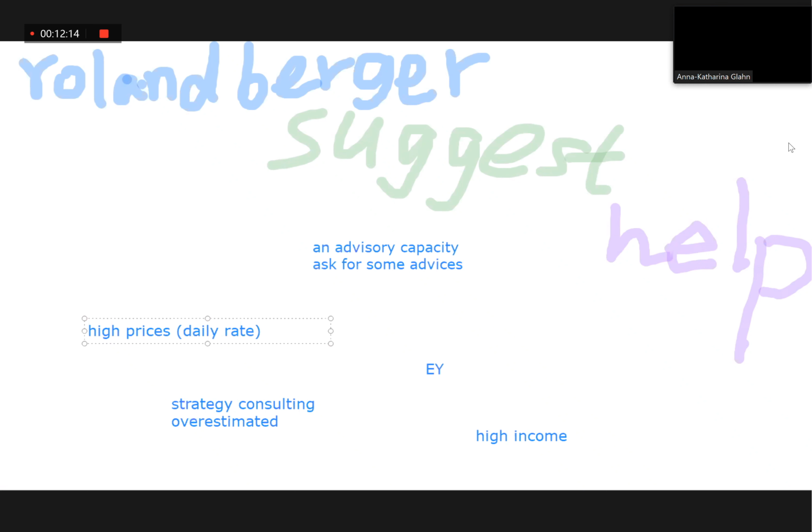And you named some consulting companies like Roland Berger and Ernst & Young, and we have the idea that consultants have a high income and charge pretty high daily rates, and what they do is they help and make suggestions. Companies ask for advice, and consulting companies give advisory capacity.